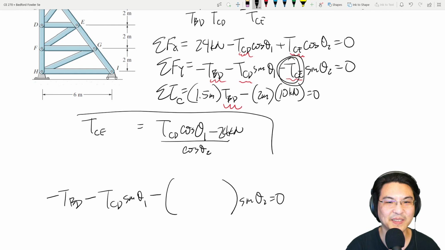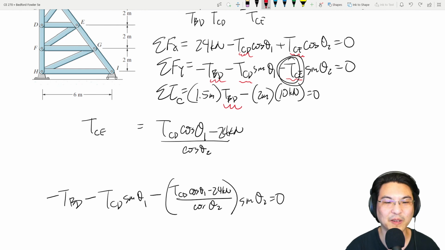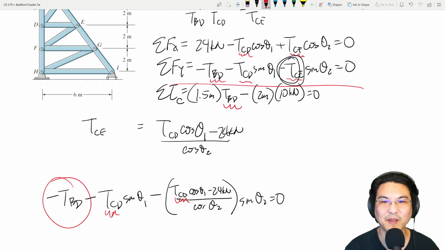And TCE is right here. TCD cosine theta 1 minus 24 kilonewtons over cosine theta 2. And if you look at this equation, it only has one unknown right here. Because we already solved for this right here. Right, the answer is 20. 20 divided by 1.5.